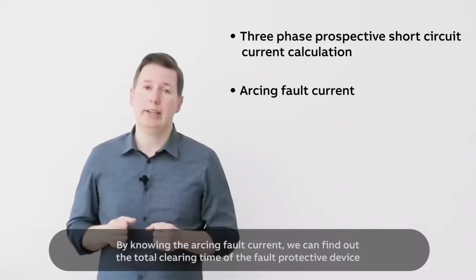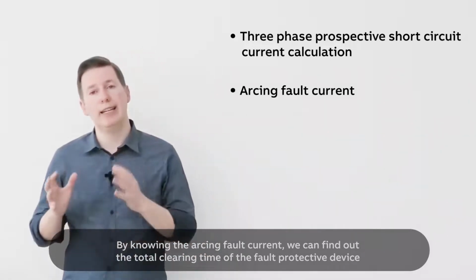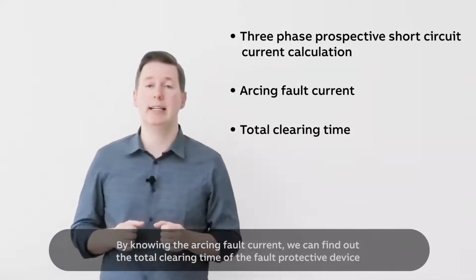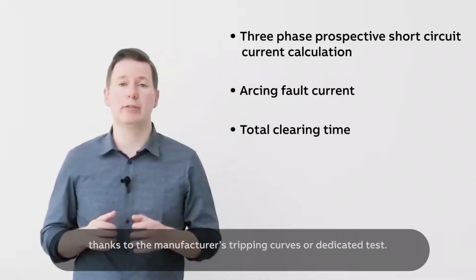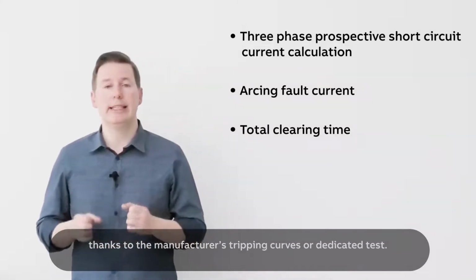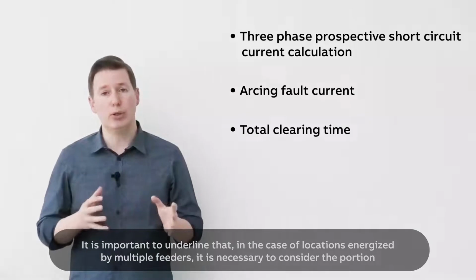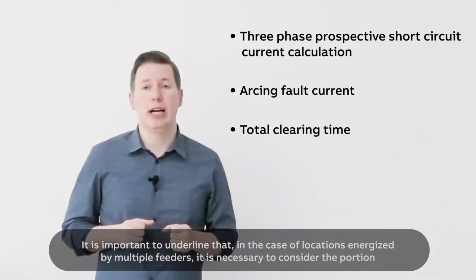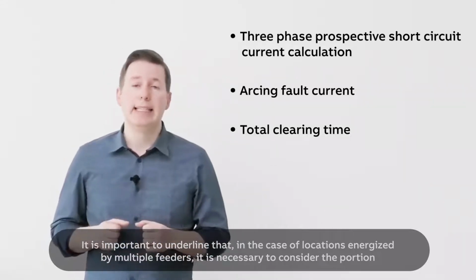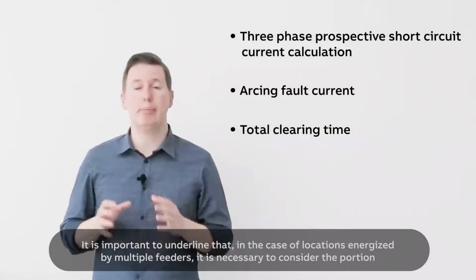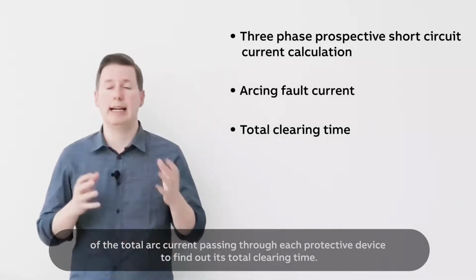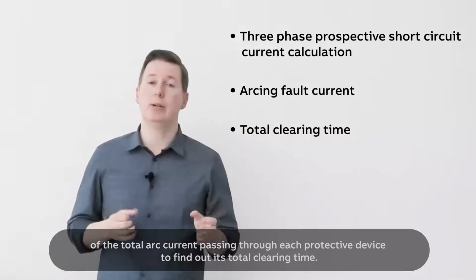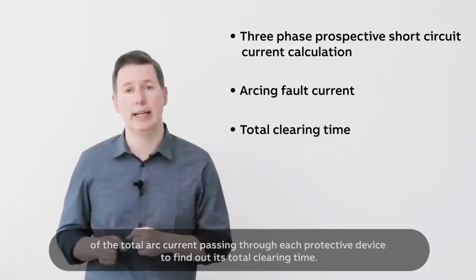By knowing the arcing fault current, we can find out the total clearing time of the fault protective device thanks to the manufacturer's tripping curves or dedicated tests. It is important to underline that in the case of locations energized by multiple feeders, it is necessary to consider the portion of the total arc current passing through each protective device to find out its total clearing time.